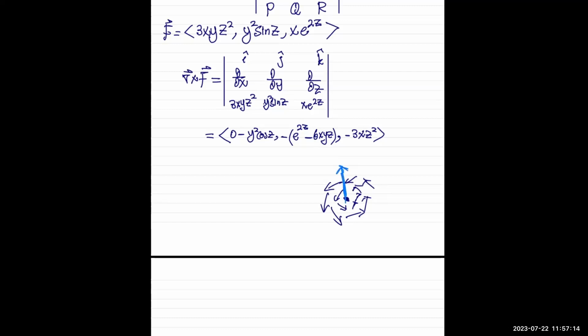And the stronger the rotation, the longer the curl vector. The curl is itself a vector. If there is no rotation in the vector field, the curl is going to be 0. So that's what the curl does. Again, it just measures the amount of rotation.